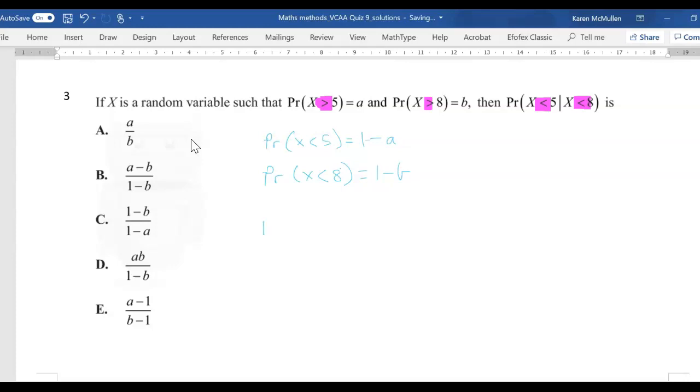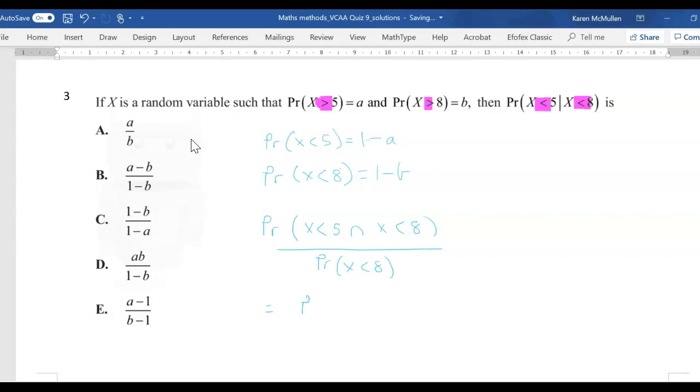So for your conditional probability formula, we want X is less than 5 given that X is less than 8. So we do their intersection, the numbers that they have in common. If X is less than 5, it's also going to be less than 8.